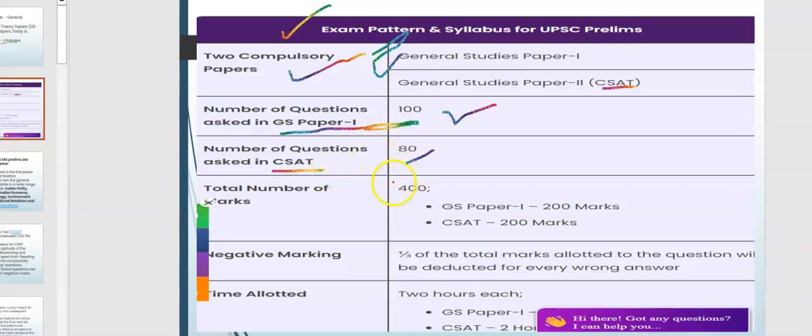Clear? And the total number of marks would be 400. So in totality, the weightage of your paper would be 400. GS Paper 1 would be for 200 marks and CSAT would be for 200 marks. So this would make up to 400. Clear?